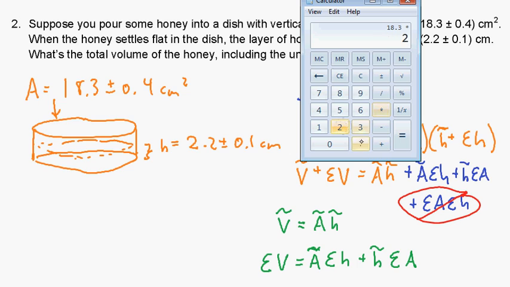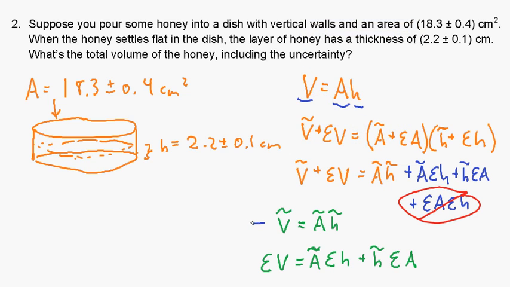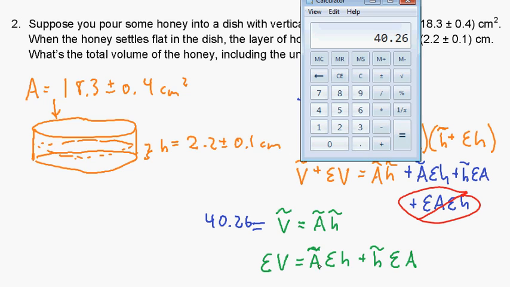18.3 times 2.2 equals 40.26. So V squiggle is going to equal 40.26, and for the other one, that is going to be A squiggle, so 18.3 times 0.1 equals 1.83.